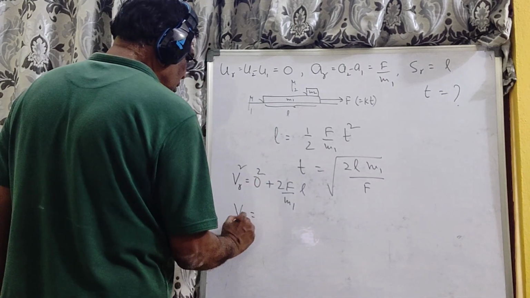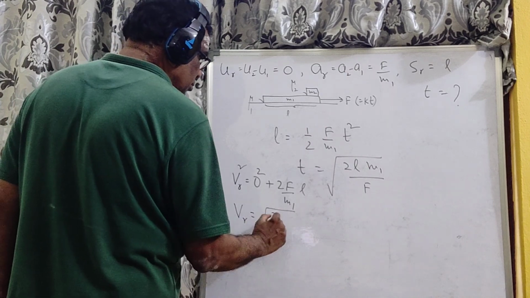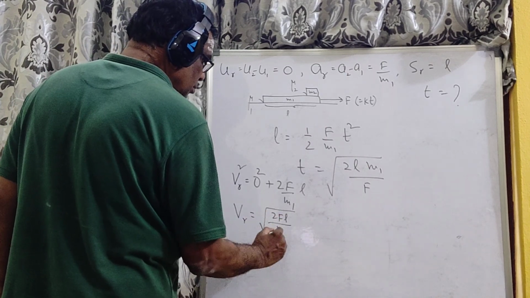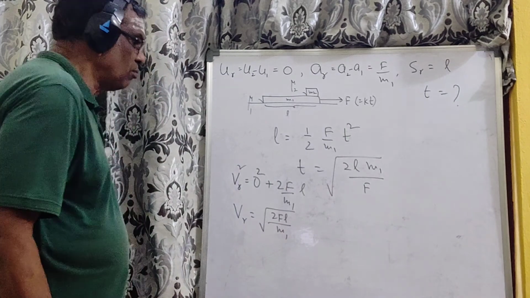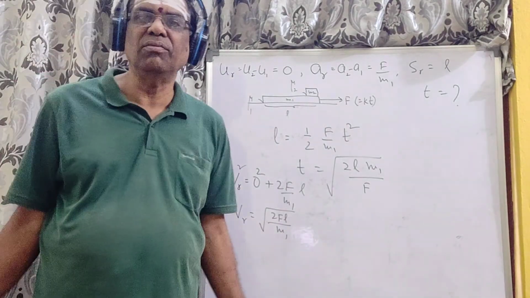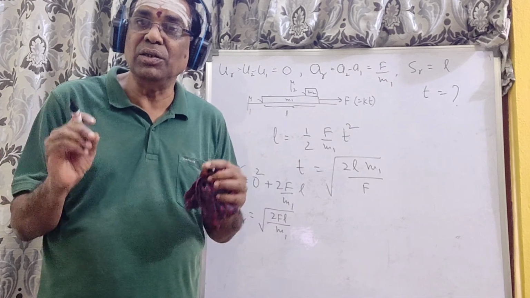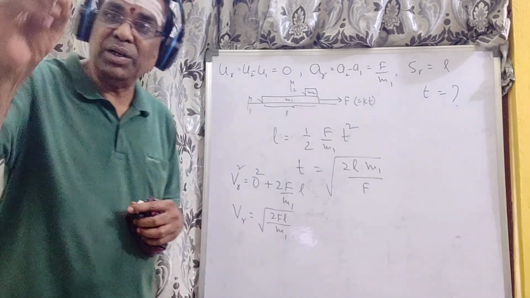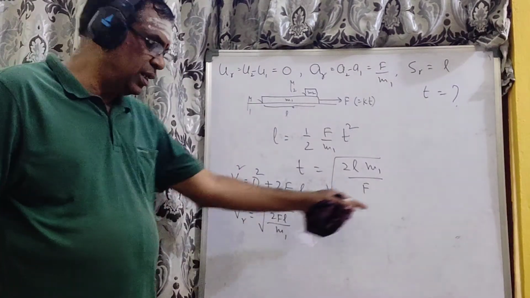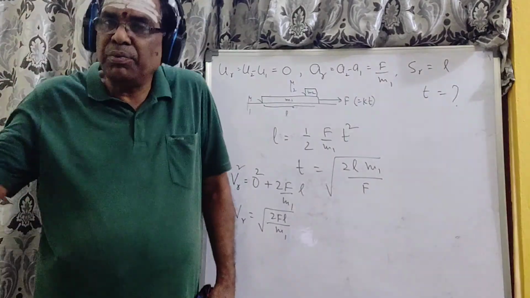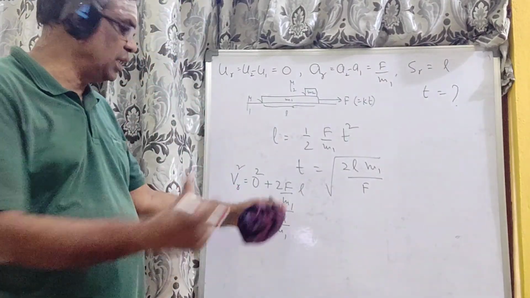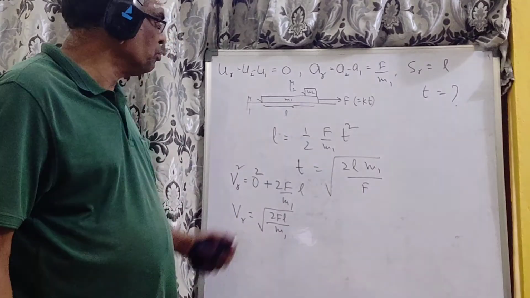So VR is equal to under root of 2FL by M1. In reality, the velocity of the upper body is 0, the lower body is this. So relatively the upper body is minus of this because I took it in the opposite direction.